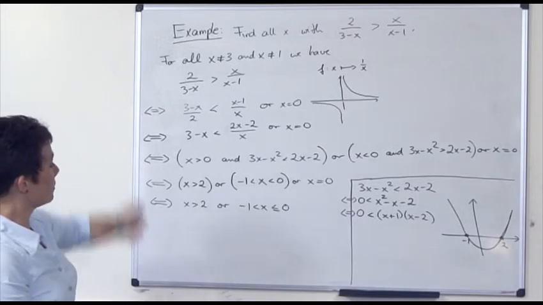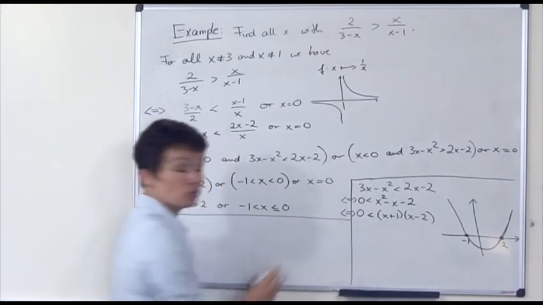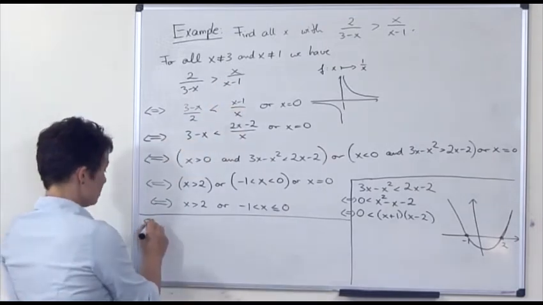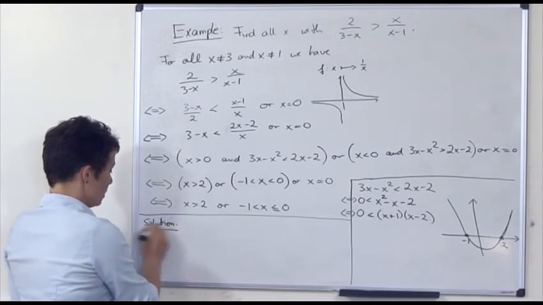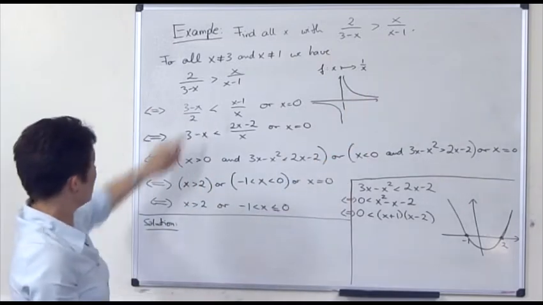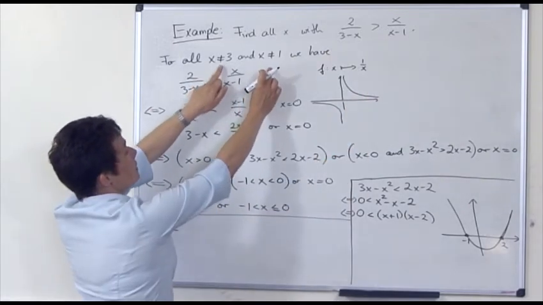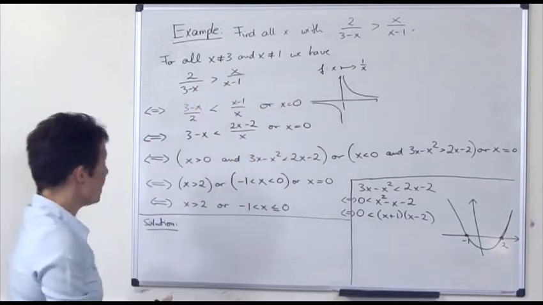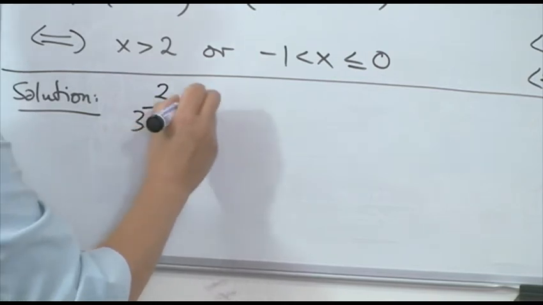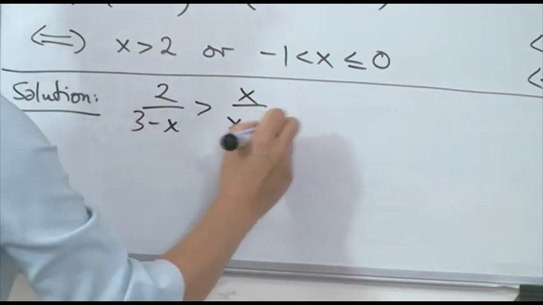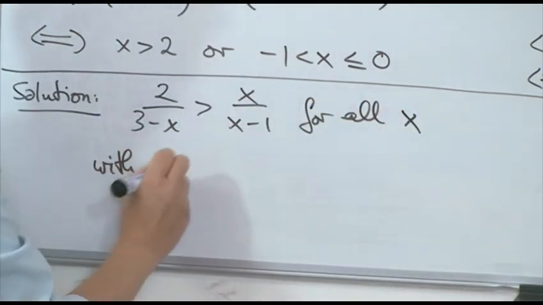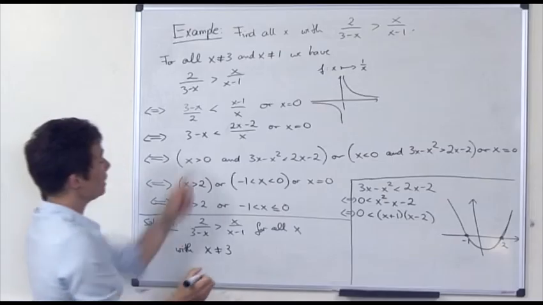So maybe in the final step, we should write down, summarize what we have found out. So the solution. The original problem was find all x's for which this inequality is true. We excluded here x equals 3 and x equal 1. So we'll write down that this inequality holds for all x with x different from 3, right?